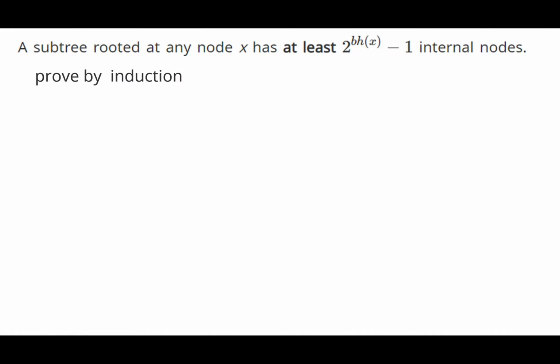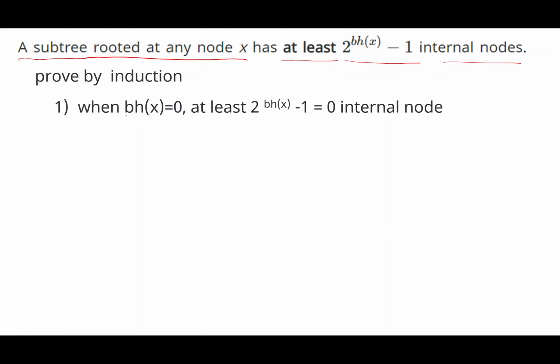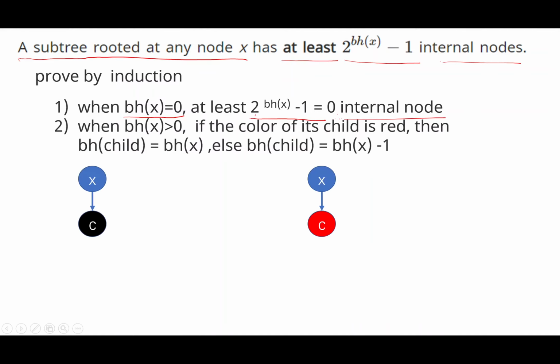A red-black tree has another property. A subtree rooted at any node x has at most this number of internal nodes. We can prove this property by induction. First, when the black height of x equals 0, then at most this number of internal nodes. This is trivial. If the black height of x is larger than 0, then consider the color of the child.